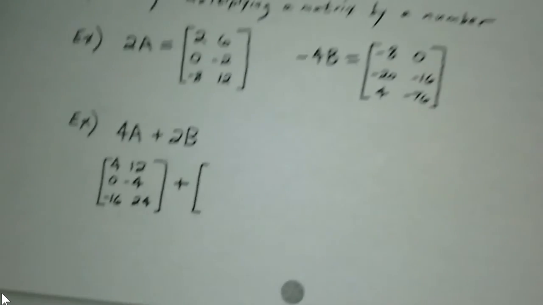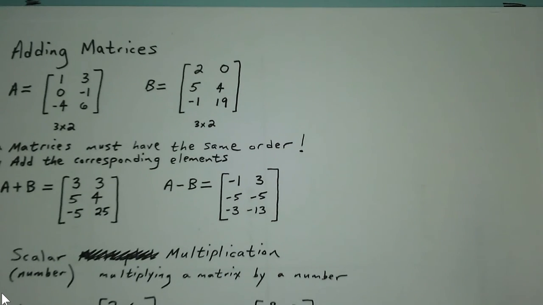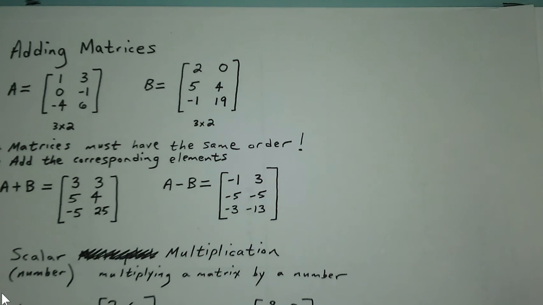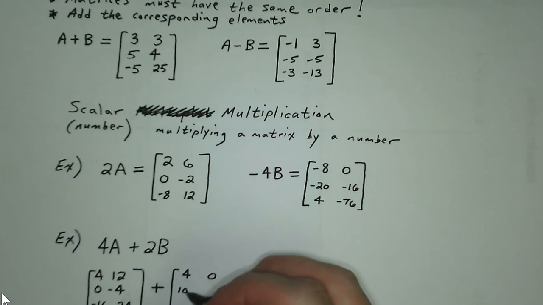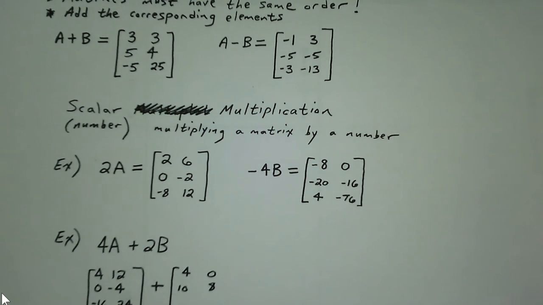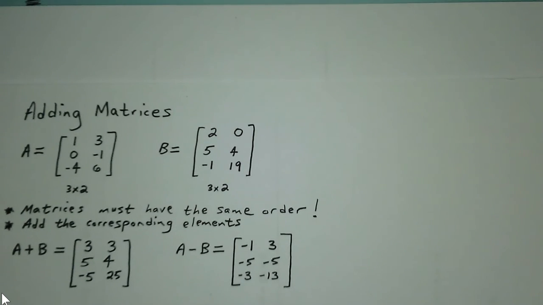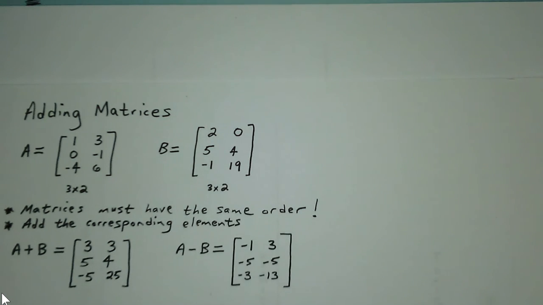And then 2B would be 4, 0, 10, 8. And then to finish, that would be negative 1 times 2 is negative 2, and then 38.